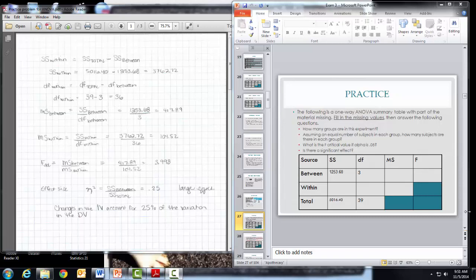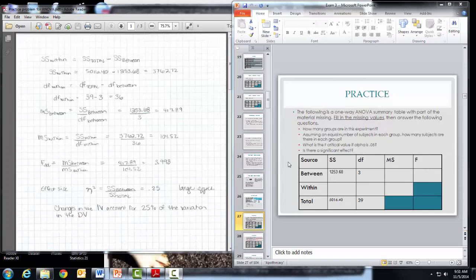And so knowing how these different cells relate to one another can help you fill in when you're just given a couple numbers already there.